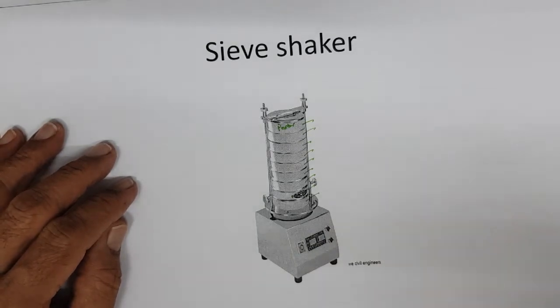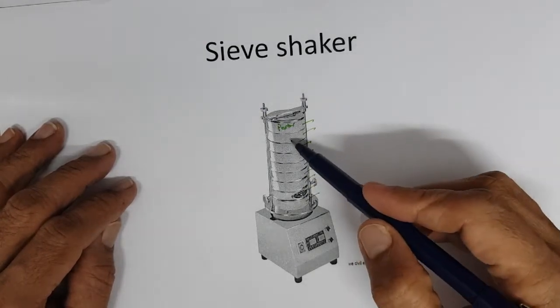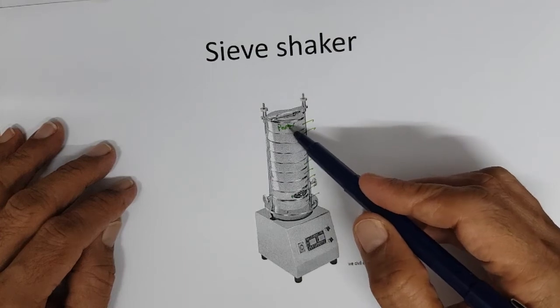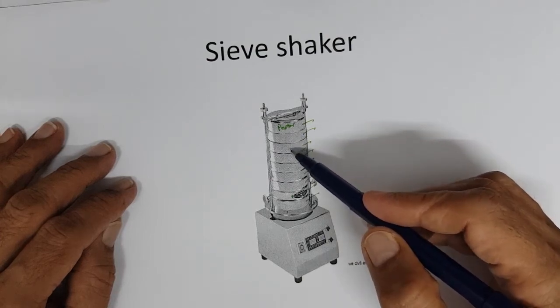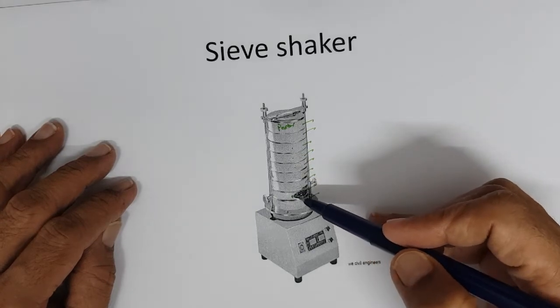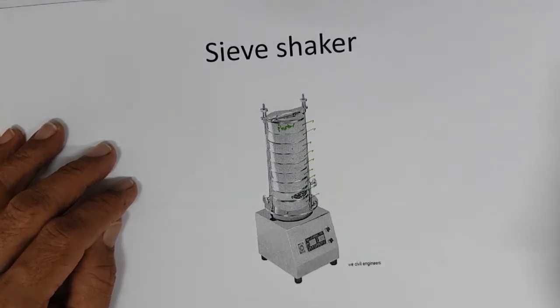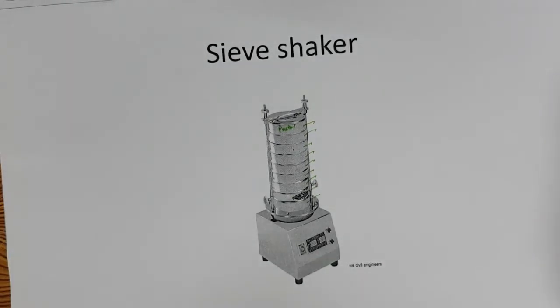After 15 minutes, you check the weight of the powder in each of the sieves, and correspondingly you can get the percentage of that size.